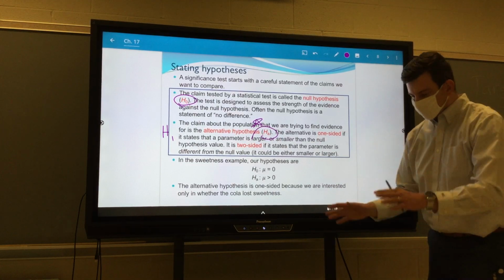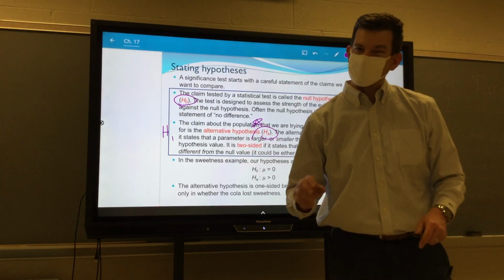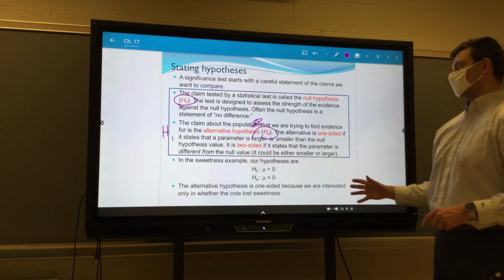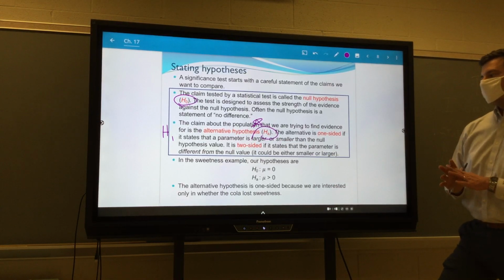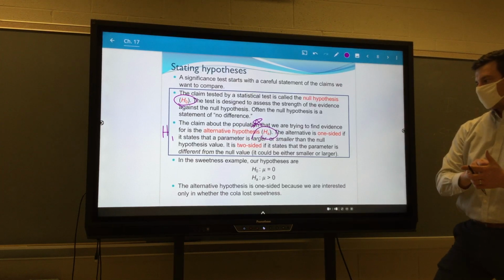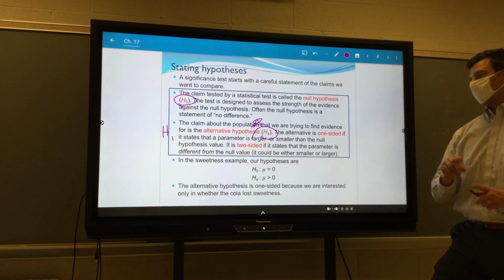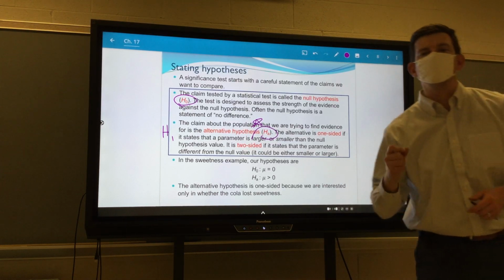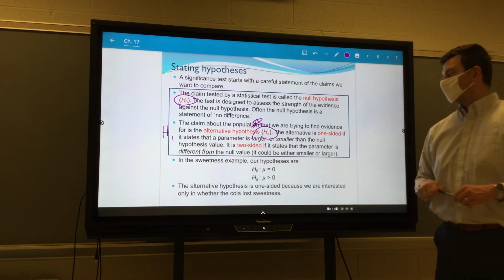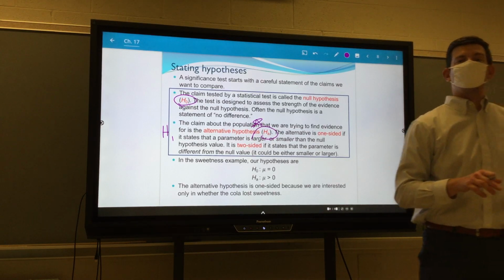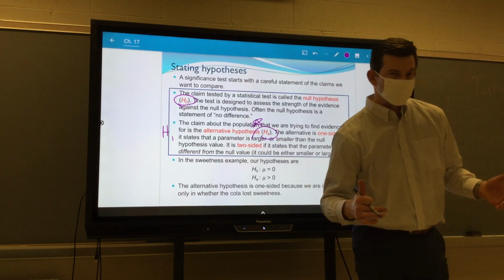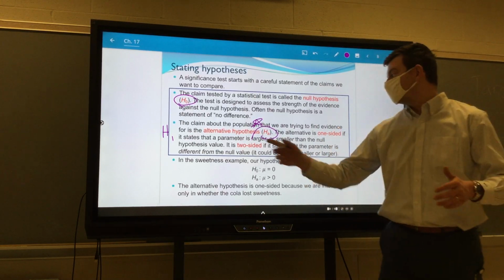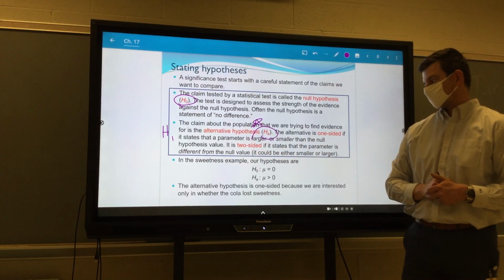And I'll explain what that is, but we're going to have to look at some examples to see exactly what that means. The alternative is one-sided if it states that a parameter is larger or smaller than that null hypothesis value. If you're just saying that that alternative value is different, then it's a two-sided hypothesis.